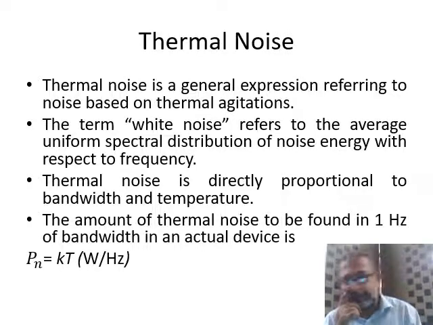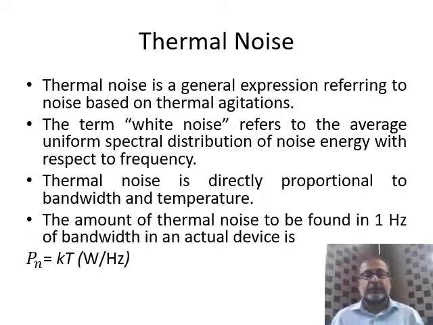Now, first of all, let's see what is thermal noise. Thermal noise is the general expression referring to the noise based on thermal agitation. Basically, it is also called the white noise, and it refers to the average uniform spectral distribution of noise energy with respect to frequency.